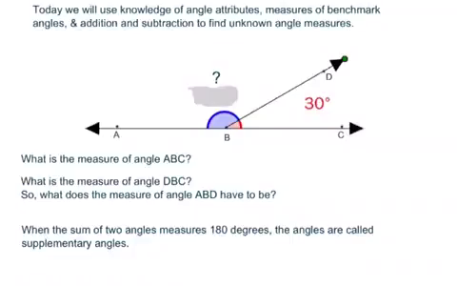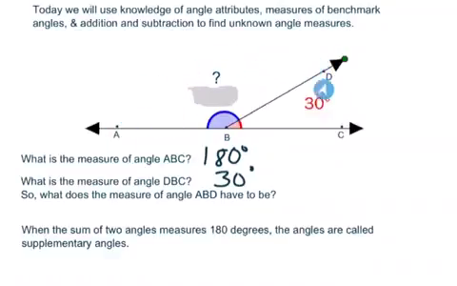What is the measure of angle ABC? Well, hopefully you can see that's a straight line, and a straight angle is 180 degrees. What is the measure of angle DBC? Well, it's labeled for you, so we know that one is 30 degrees. So if we know those two pieces of information, can we figure out angle ABD, this one right here?